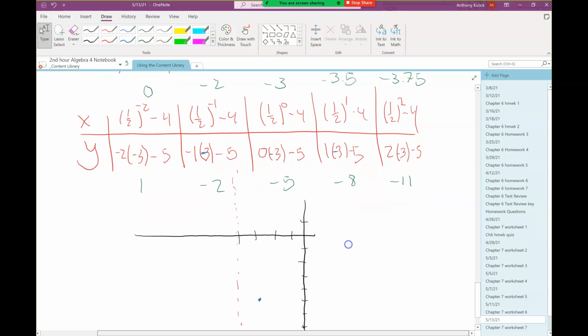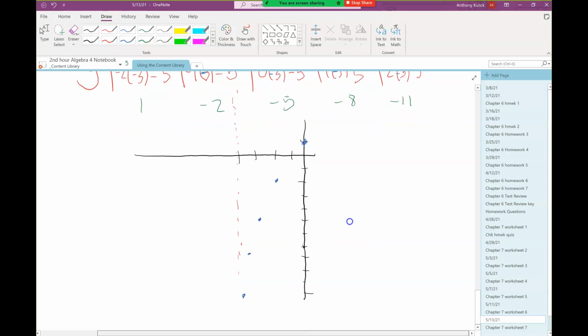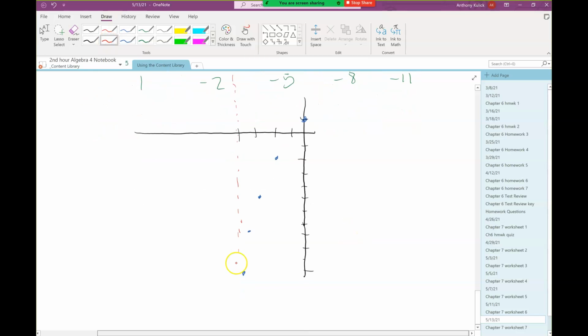And I have negative 2 and negative 2. It's like there. And then 0 and 1 is like there. And a little longer. Draw, connect. My arrows at both ends.